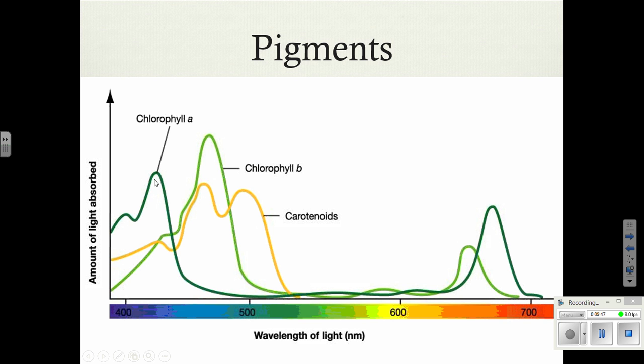Chlorophyll B looks a little bit lighter green to our eye because it's absorbing the dark blues, reflecting the light greens and light yellows, and absorbing the reds and oranges again. Carotenoids absorb the dark blues and greens, and then right here it cuts off and reflects all the yellows, oranges, and reds, which is why leaves look that color to our naked eye. That pigment can't absorb any of those wavelengths of light.